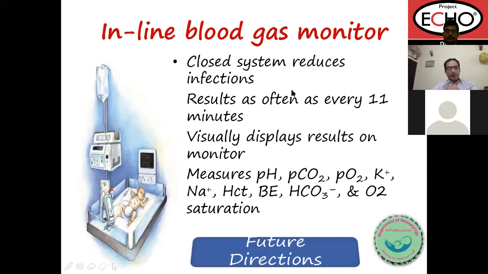It is called an inline blood gas monitor. It is a closed system which, just like your saturation, gives a continuous display of your blood gases, telling you continuously what the pH, PCO2 and PO2 are. Here lies the future of ventilation. We'll have inline and continuous display of the blood gases. We don't need to stab and puncture. Thank you so much.